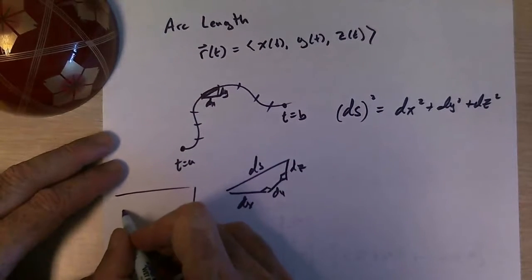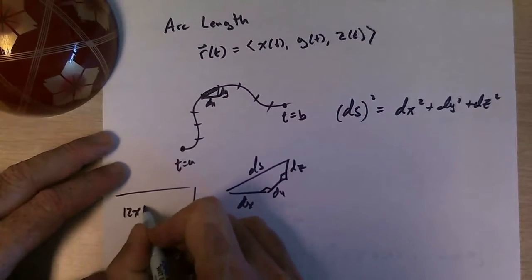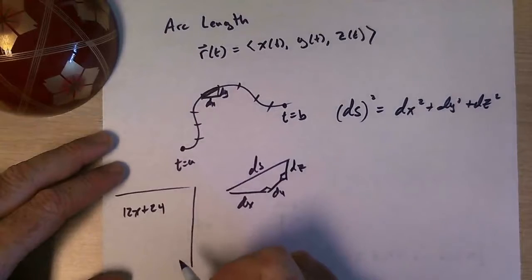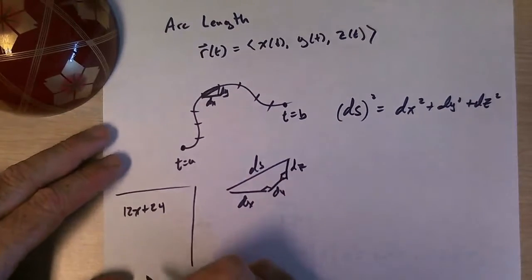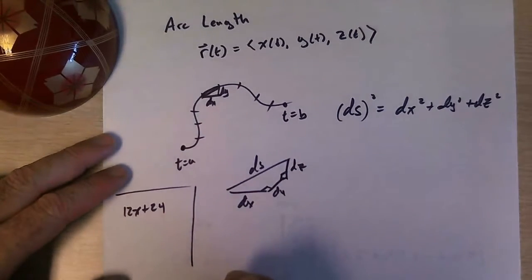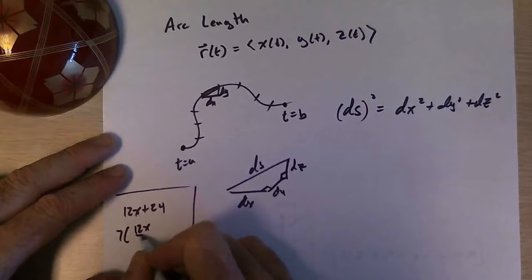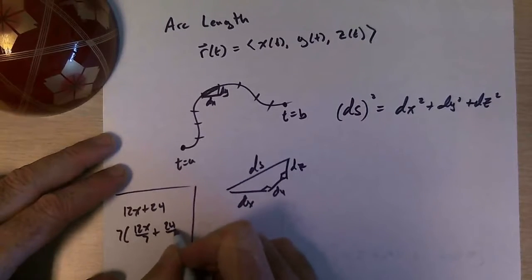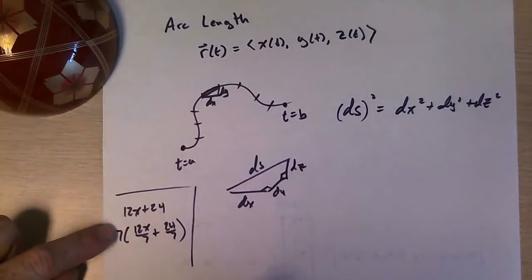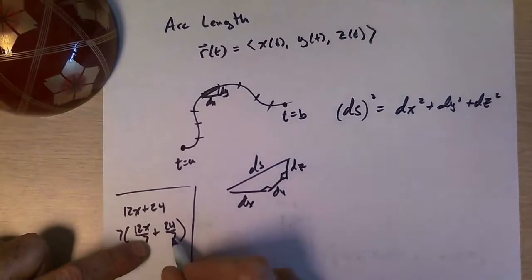I mean, you can take anything here. Here's 12x plus 24. I'm going to factor a 7 out of that. You say, there's no 7s in there. Aha, but there is. Because I would just say 7 times 12x divided by 7 plus 24 divided by 7. I've factored a 7 out by dividing everything in there by 7.